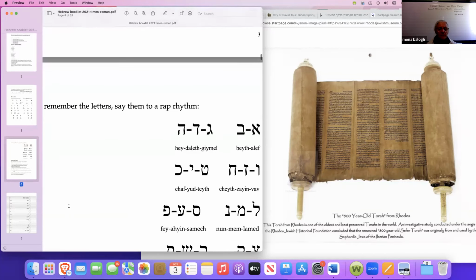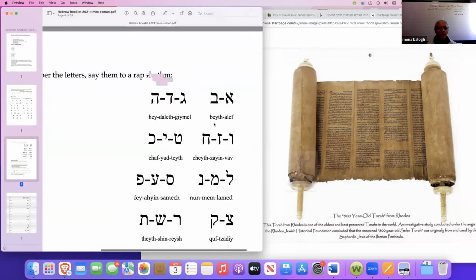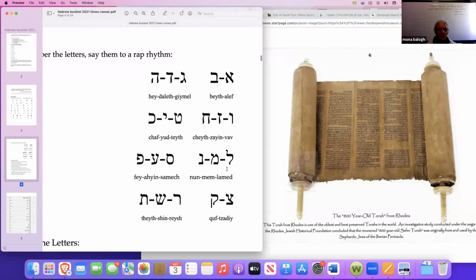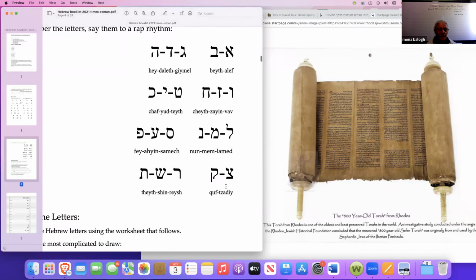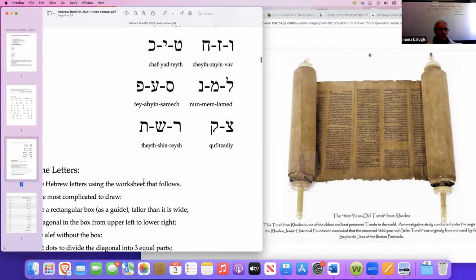To the rap: Aleph, beit, gimel, dalet, hey, vav, zayin, chet, tate, yud, chaf, lamed, mem, nun, samech, ayin, fe, tzadi, kuf, resh, shin, tav.